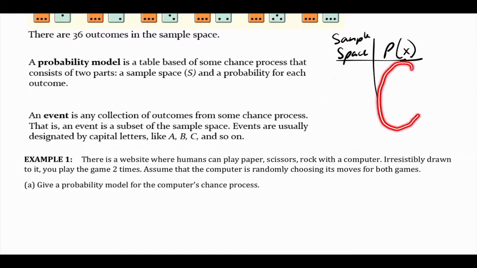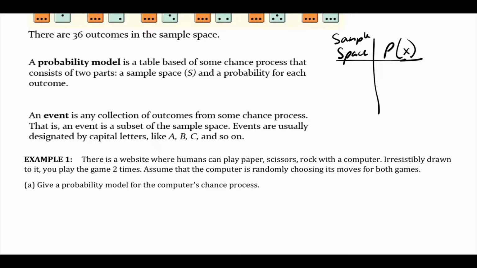And then over here, you're going to have the probability of those things happening. For every thing that could happen, you have to have a probability that goes with it. That's a probability model. It's a fancy word for a table.